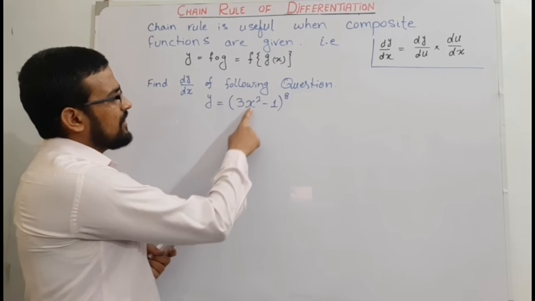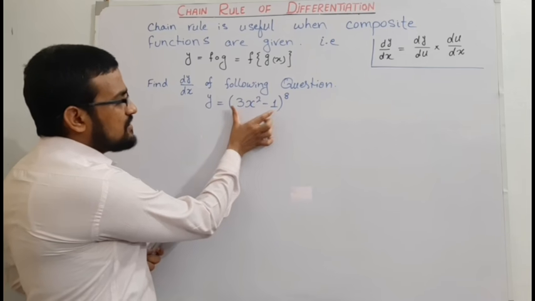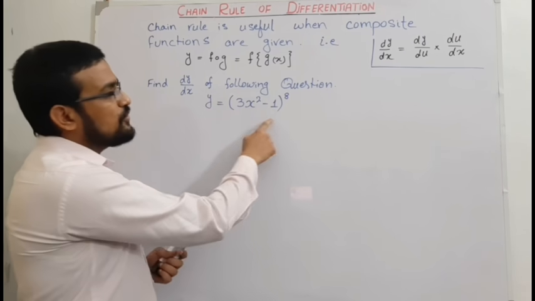y is equal to (3x square minus 1) the whole raised to power 8. It means this is a function having power 8. It is a composite function.